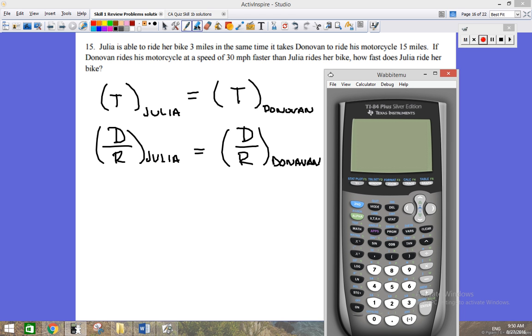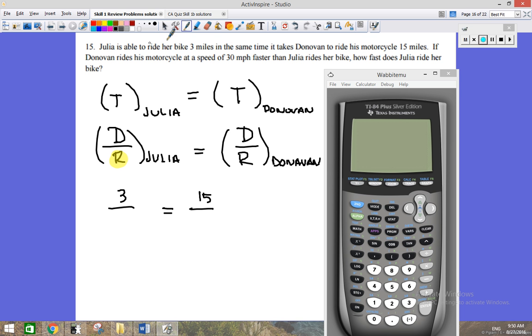So this is what they want, Julia's rate. This is our unknown that the problem is asking us for. All right. So the distance that Julia rides her bike is 3 miles. The distance that Donovan rides his motorcycle is 15 miles.